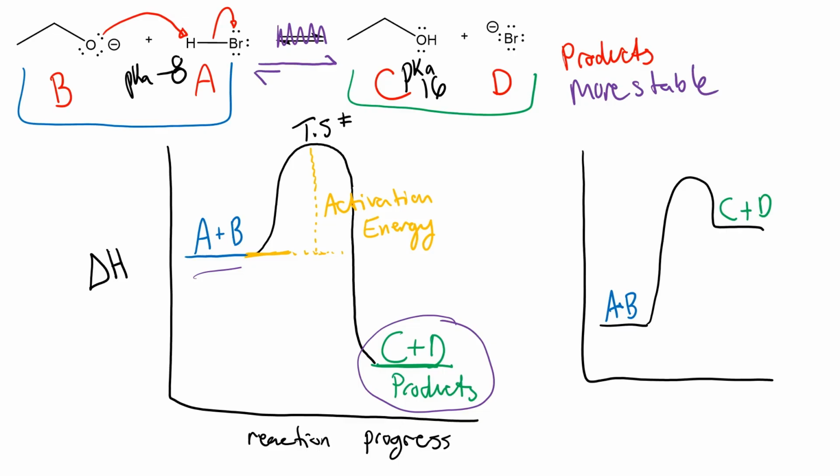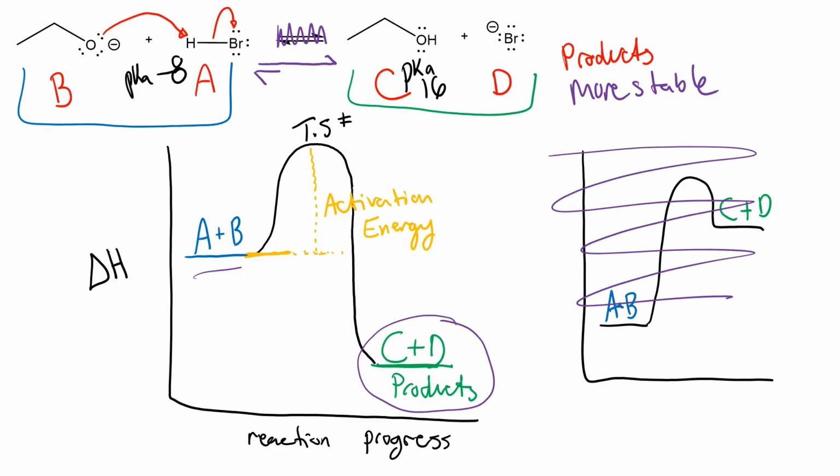So that's why we would not represent this graph like the one I drew on the far right there, because that has the products being higher in energy than our reactants. We know to predict, based on our conjugate bases and the strength of our acids, that our products are more stable. So we would represent it this way.